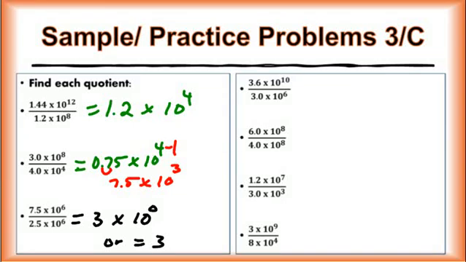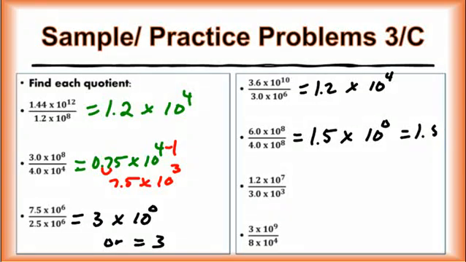And we got 3.6 divided by 3 gives us 1.2 times 10 to the 4th, just subtracting it. It's in scientific notation, so we're good. We got 6 divided by 4 gives us 1.5 times 10. 8 minus 8 is 0. So you can either keep it as 1.5 times 10 to the 0, or this would just equal 1.5.